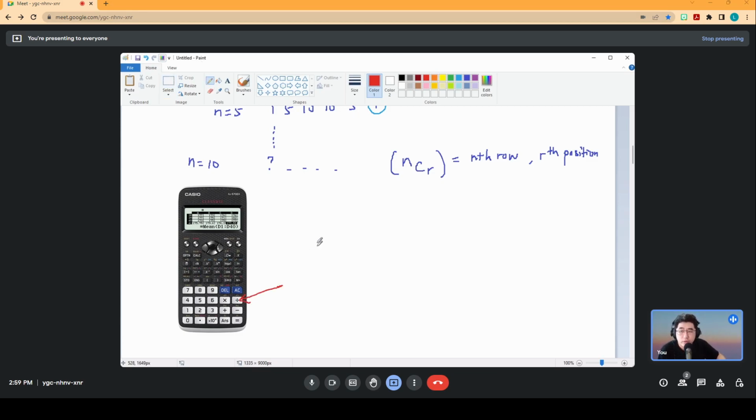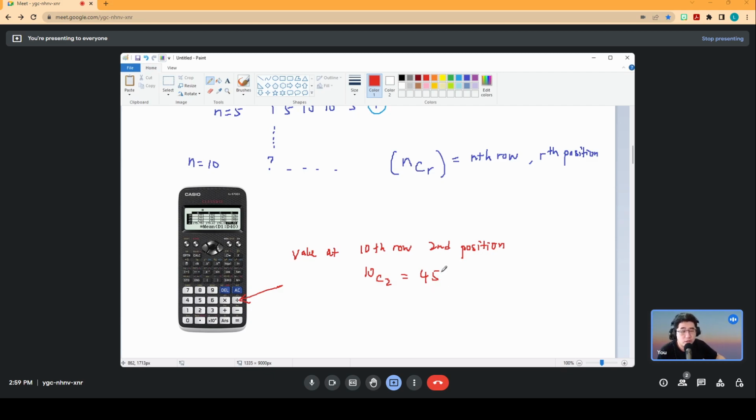So if you want to find the value at 10 row, second position, then you write 10C2. If you press 10C2 on the calculator, you get the value 45.